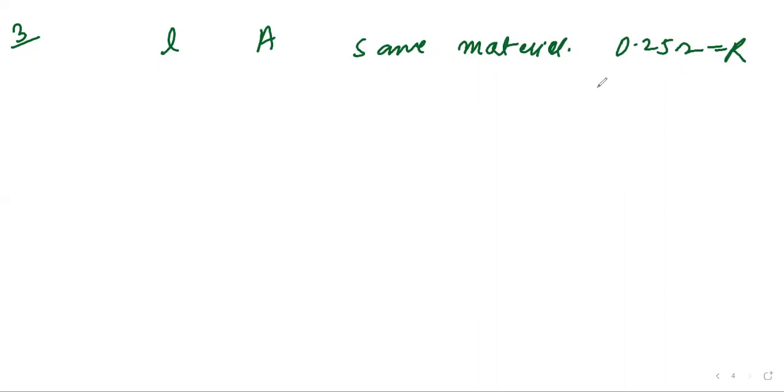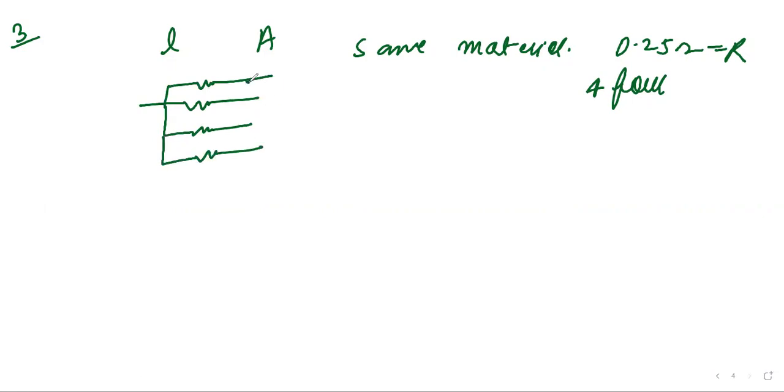So when four resistors are connected in parallel, the diagram will look like this. Four resistors, so add one more. They are of equal value, and the resistance of each is given, that is 0.25 ohm.